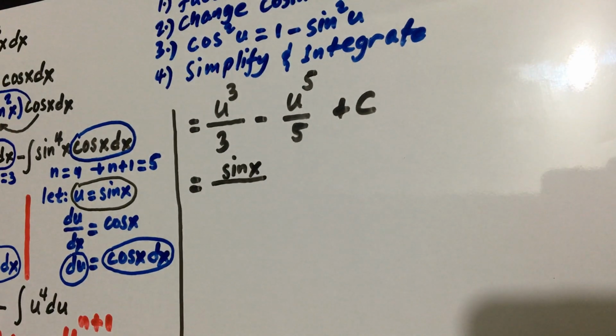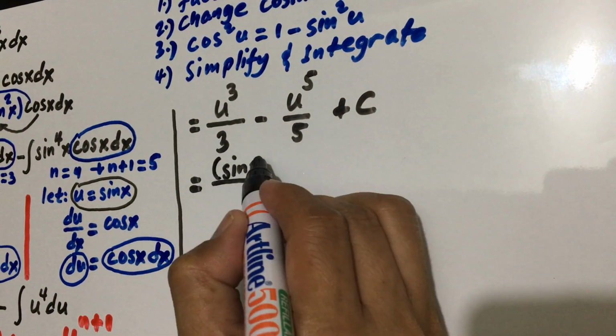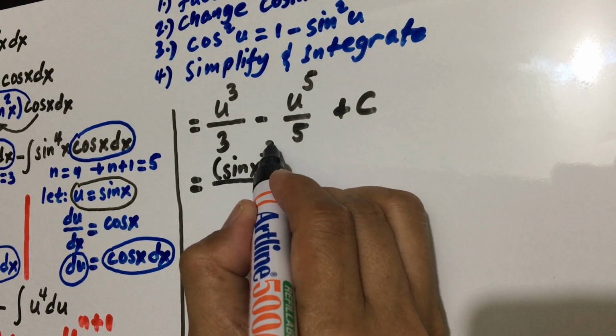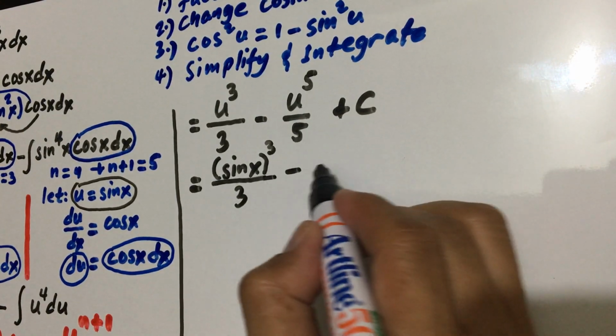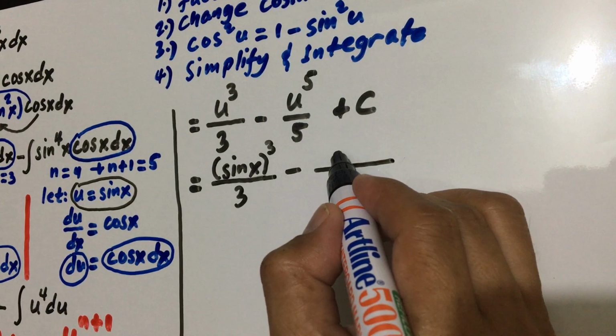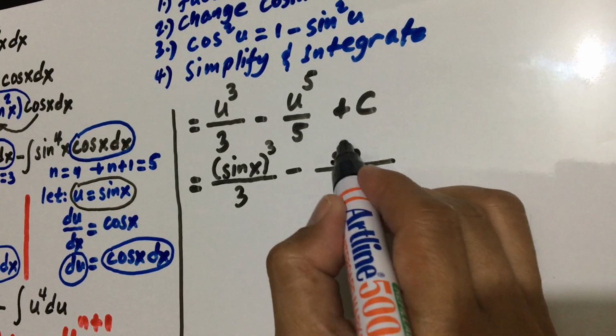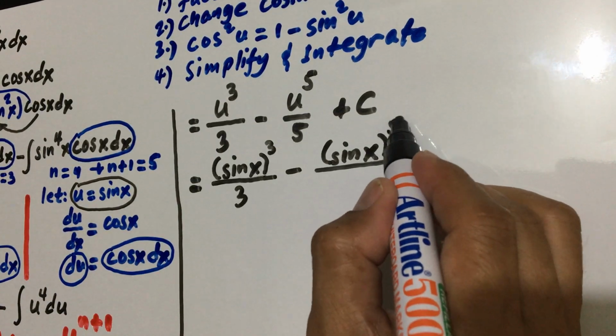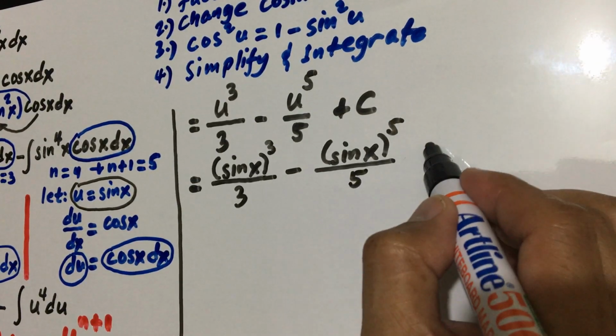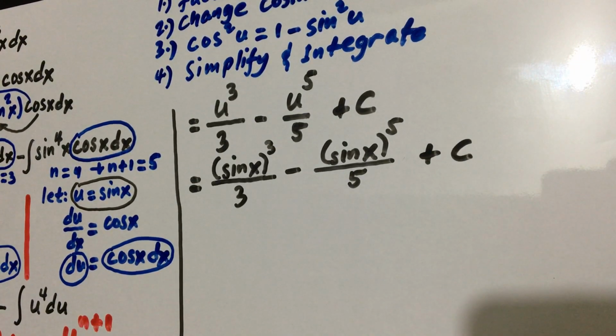to the power 3, then divided by 3, then minus sine x to the power 5, then divided by 5, then plus c.